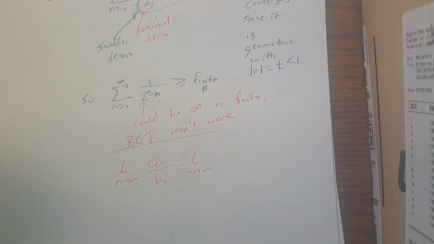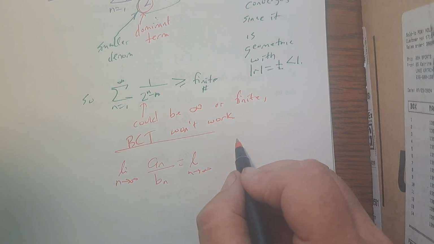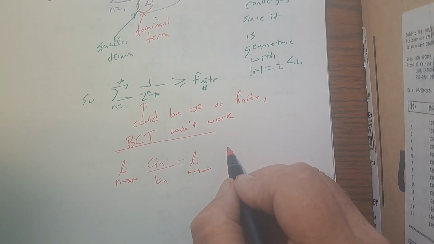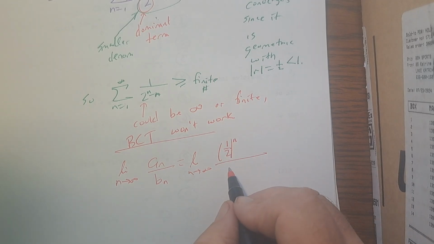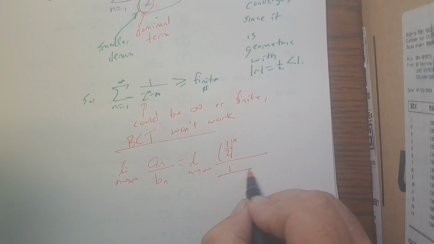Okay, so let's go, 1 over 2 to the n in the top, and 1 over 2 to the n minus n in the bottom.